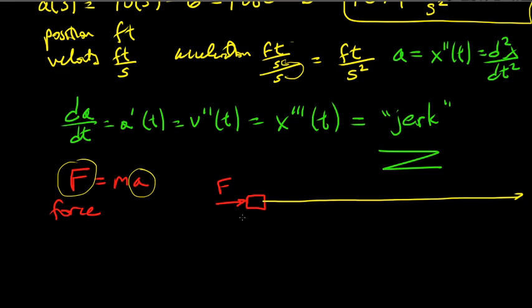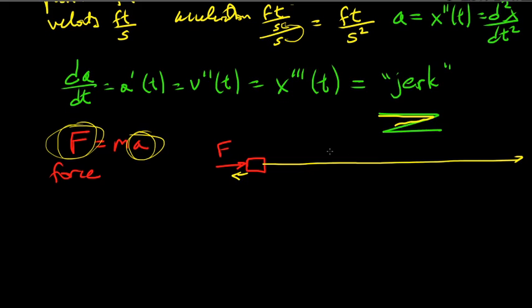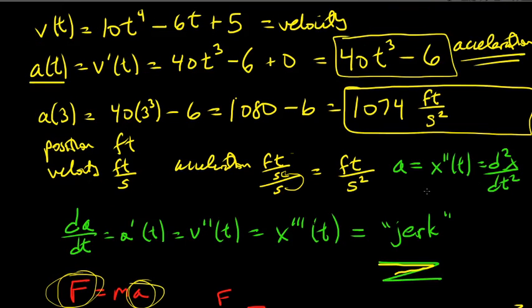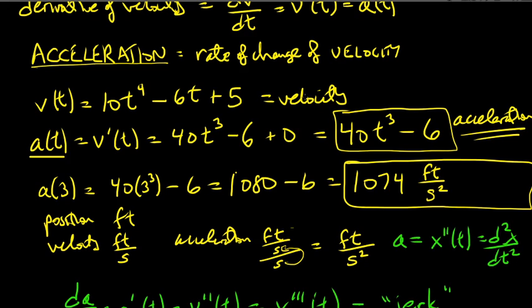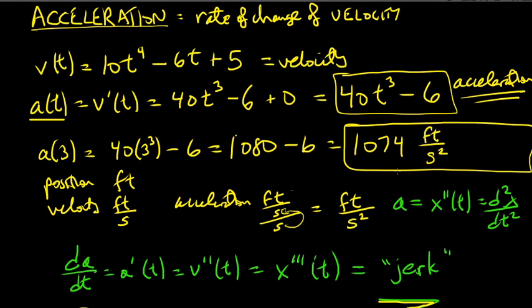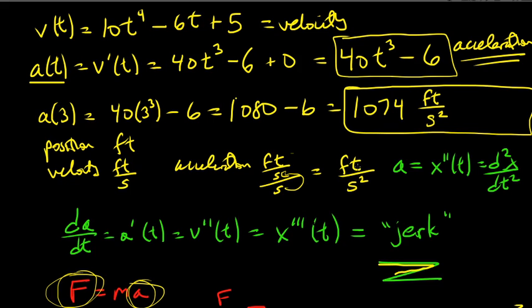So if you push with a force and then maybe pull it backwards, now your force is changing, and that means the acceleration would be changing. And so if you push forward and then backward, that implies that it's a jerking motion. And yes, again, we're not going to see the third or fourth derivatives very often. I mean, you can take the third derivative or fourth derivative just by taking more derivatives.